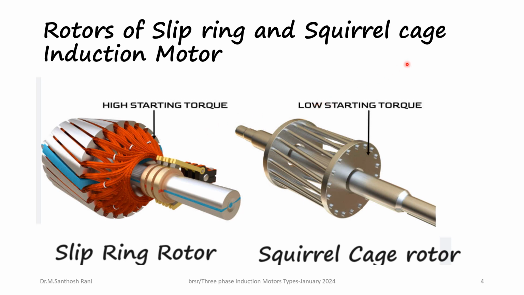In the case of a squirrel cage induction motor, the rotor is made up of copper bars and they are connected to the end rings as shown here. They are not made parallel to the stator windings. They are purposely skewed to reduce the magnetic humming noise which occurs when the motor is running.